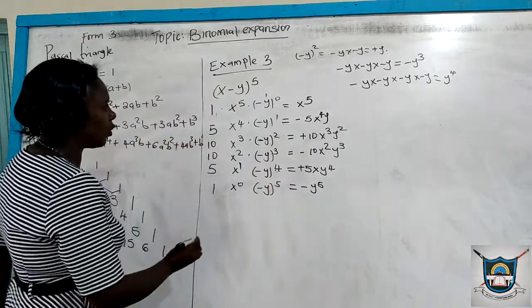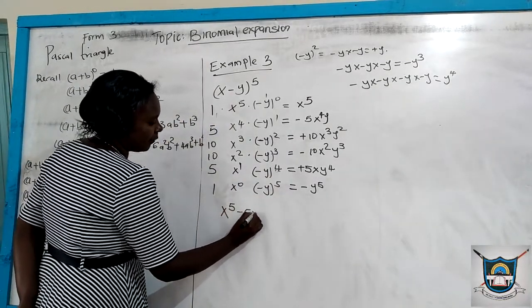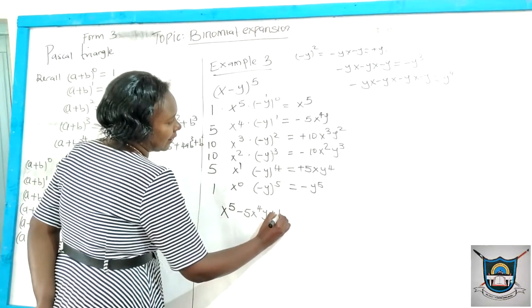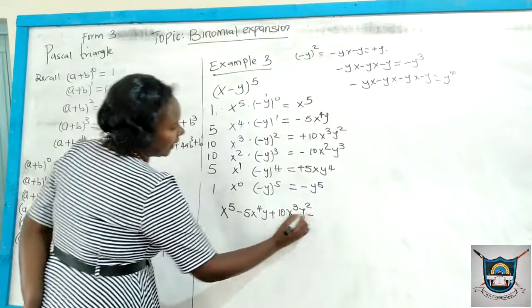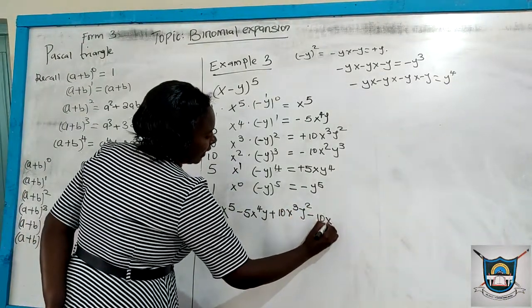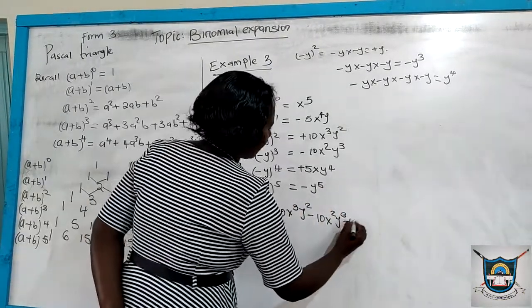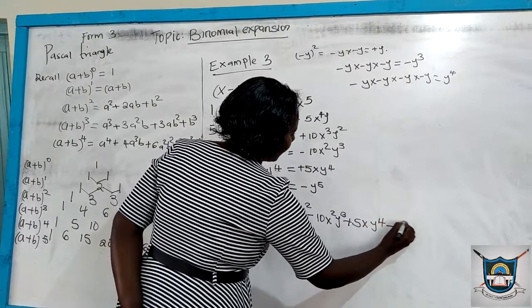And so our answer is going to be x to power 5 minus 5x to power 4 y plus 10x cubed y squared minus 10x squared y cubed plus 5xy to power 4 minus y to power 5.